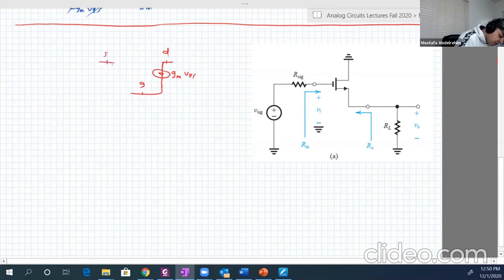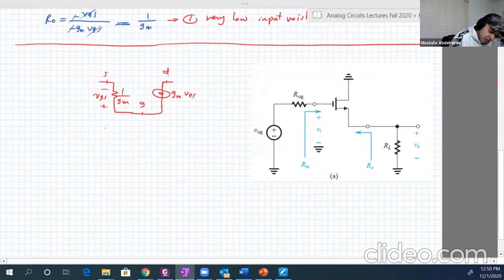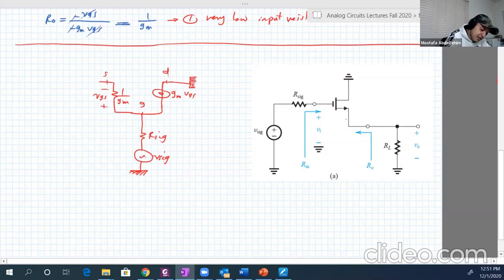Then you have the source here, and between the source and the gate there is 1 over GM, and here is VGS. Then the gate is connected to our signal, V signal, then the ground. The drain is connected to the ground. And here is the source. The source is connected to the load, then the ground.